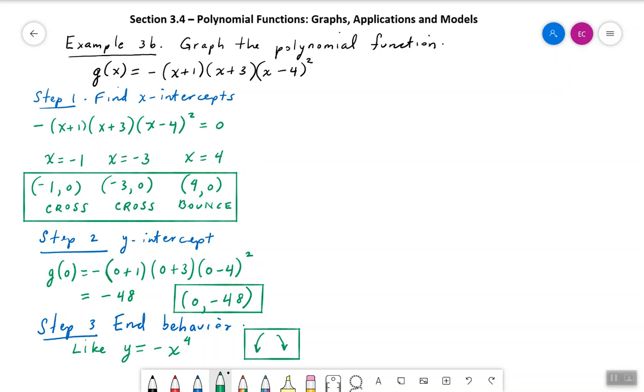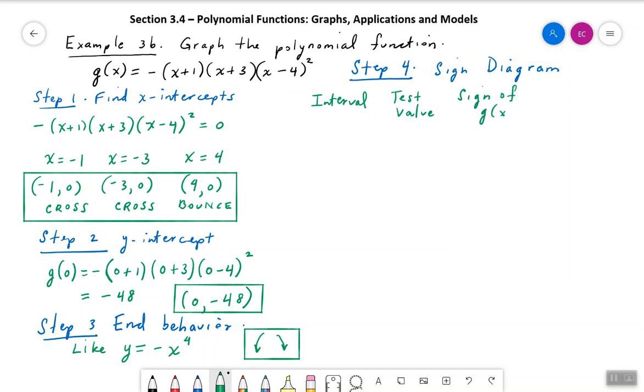Okay, step 4 is the sign diagram. And so let's see here. We need columns for interval and test value and sign of g of x.